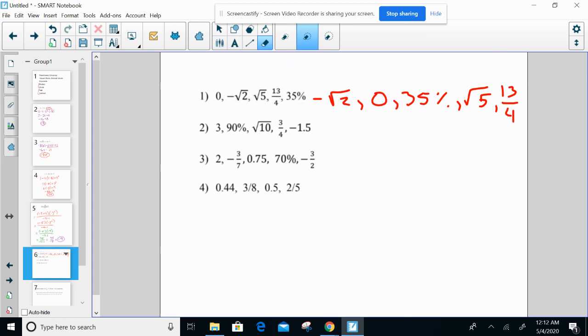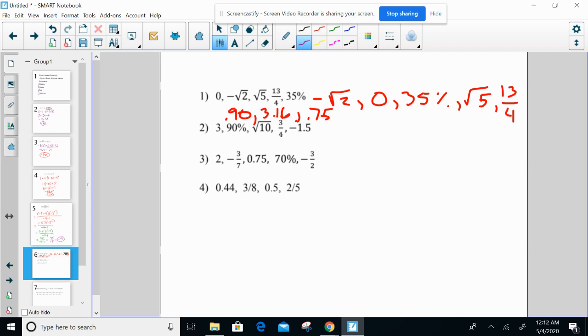So you have 3, the number 3, you have 0.90 would be 90%. The square root of 10, 3.16. I'm not even going to do the 3 over 4 in calculator, that's 0.75. The negative 1.5 is already in a decimal.